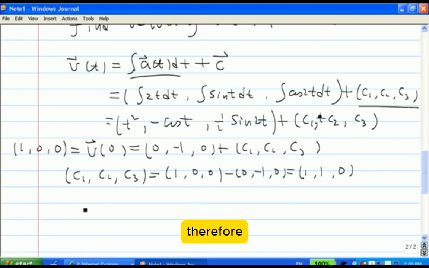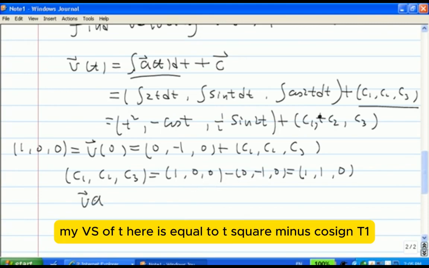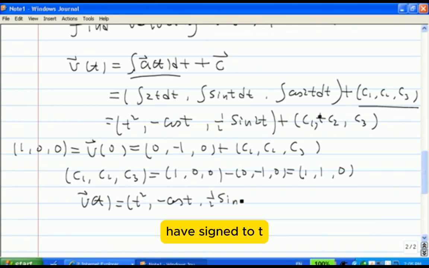Okay. Therefore, my v of t here is equal to t squared, minus cosine t, 1/2 sine 2t, plus c1, c2, c3, which is 1, 1, and 0.